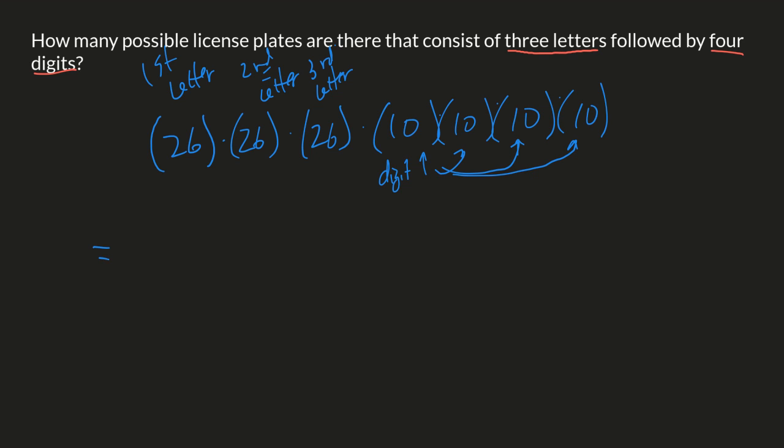So in other words, we have 26 to the third power times 10 to the fourth power, which works out to be 175,760,000. So that's how many license plates there are that are 3 letters followed by 4 digits if repetition is allowed.